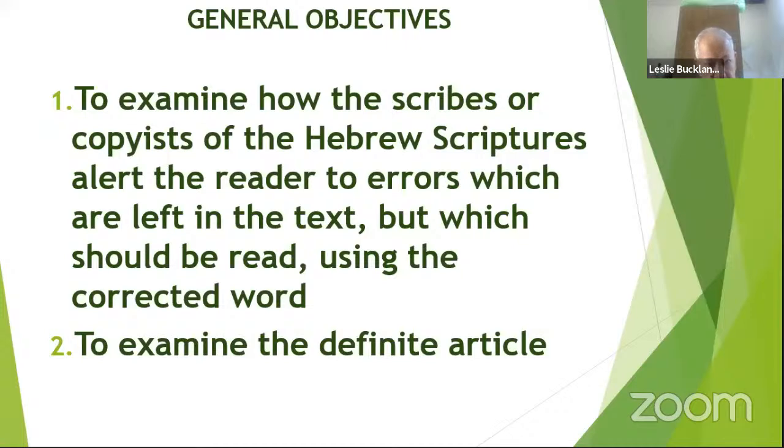The general objectives are, number one, to examine how the scribes or copyists of the Hebrew scriptures alert the reader to errors which are left in the text, but which should be read using the corrected word. And number two, to examine the definite article.